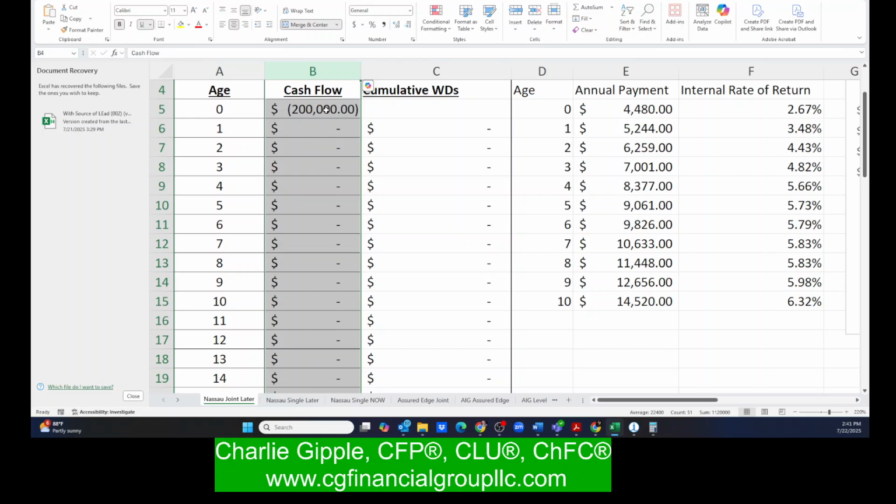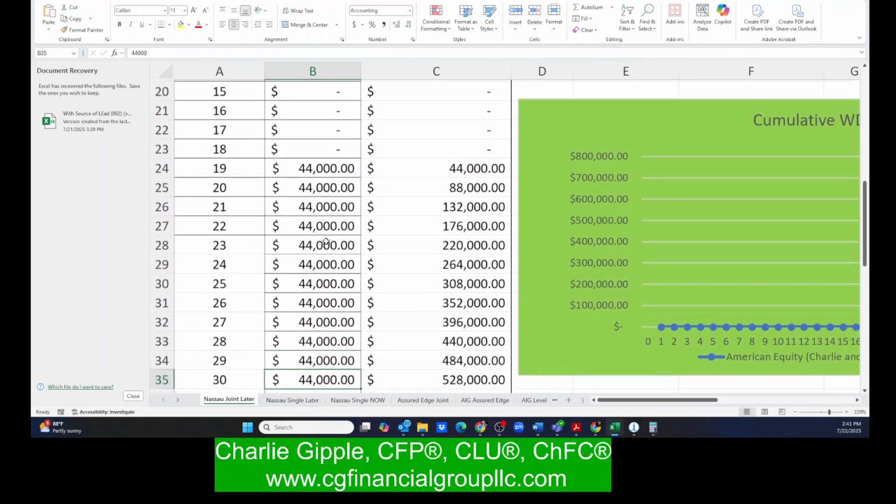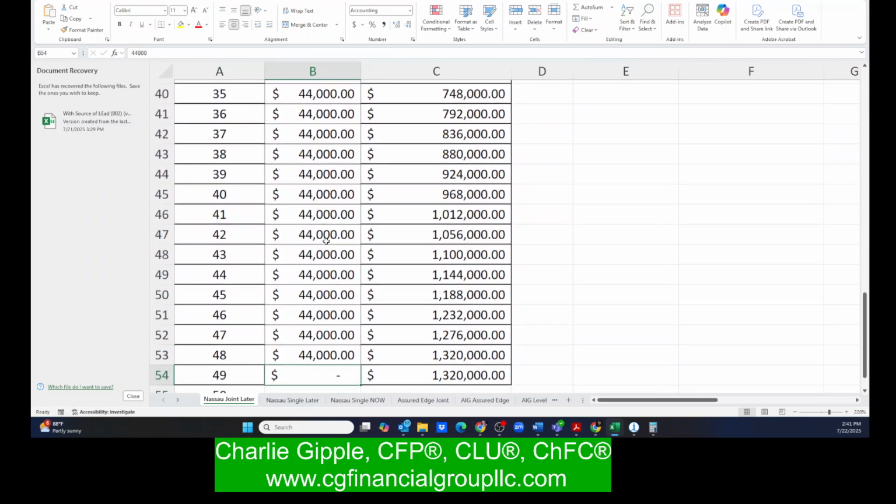So I put $200,000 in it at time zero, when I was 46 years of age, and the plan is 19 years later, I'm going to activate that annuity's income, and that is $44,000. Rock solid, guaranteed. The insurance company is going to guarantee me and my wife, for both of our lives, $44,000 per year.